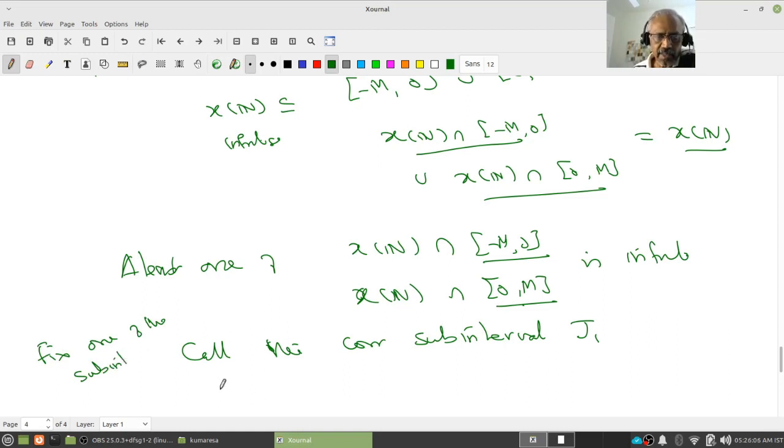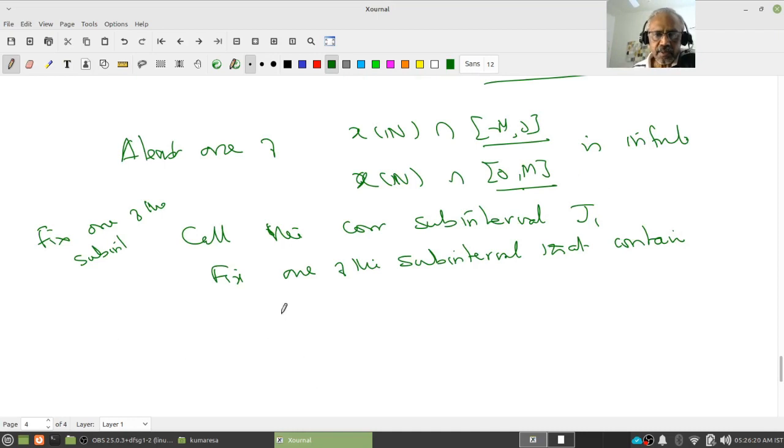Okay, so how will I write it? So fix one of the subintervals that contains infinitely many terms xn.